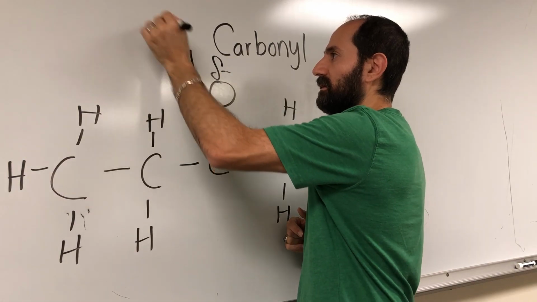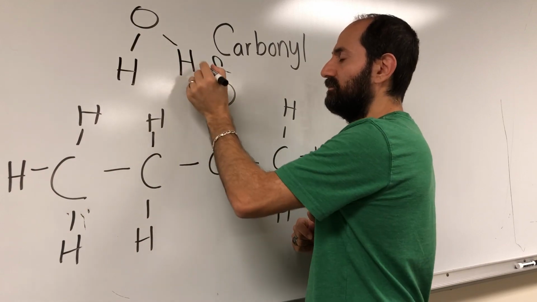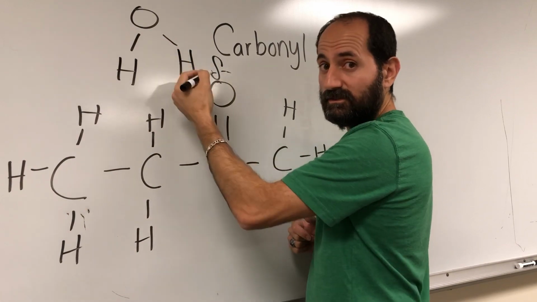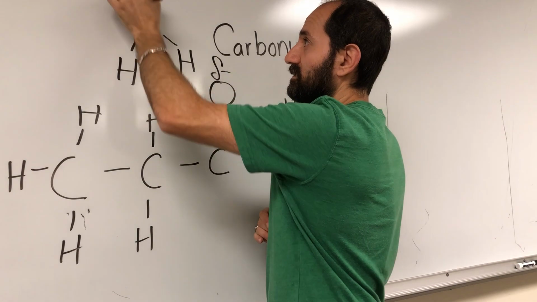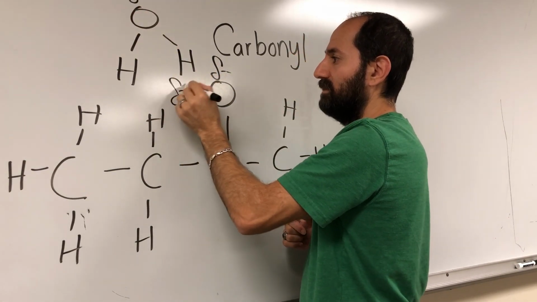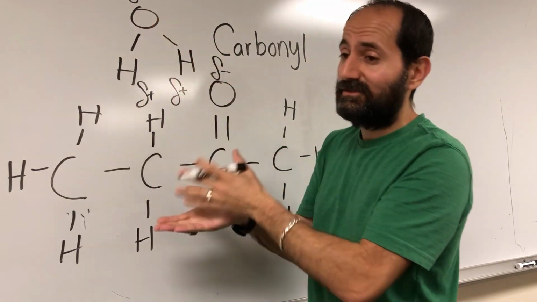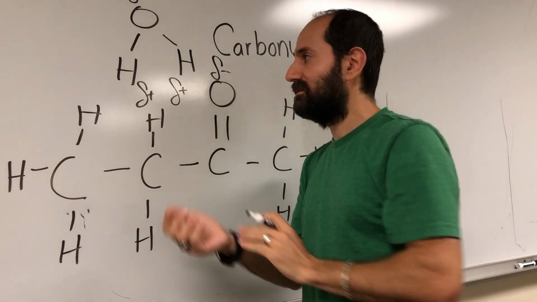So here's water, H2O, and remember, the same deal is going on here with water. Water has a slightly negative, partially negative oxygen and partially positive hydrogens because oxygen has a greater electronegativity than hydrogen.